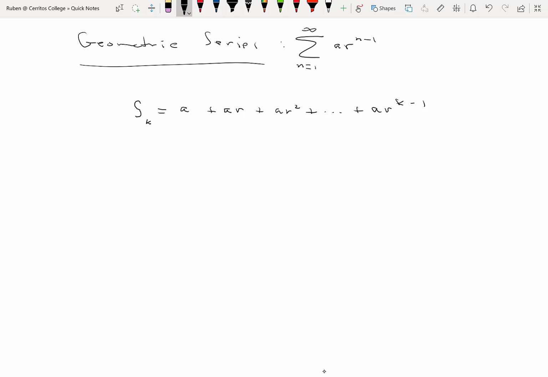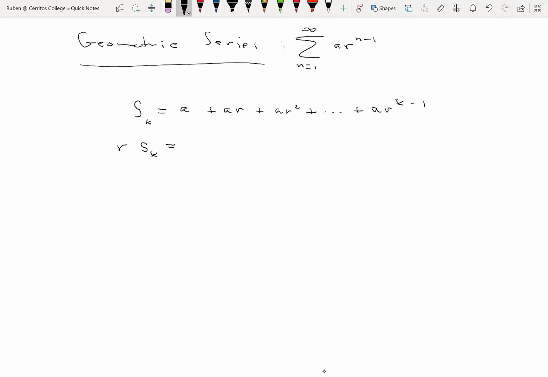I'm going to multiply both sides by r. I'm using the same trick I did with the original series. I multiplied both sides by 1/2 before. It's no longer 1/2. The percentage, or the r value, is now some number that's not specified. So if I multiply the left-hand side, I get r S sub k.